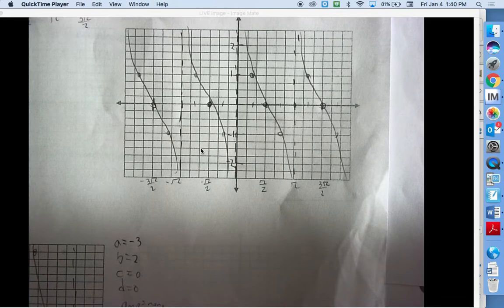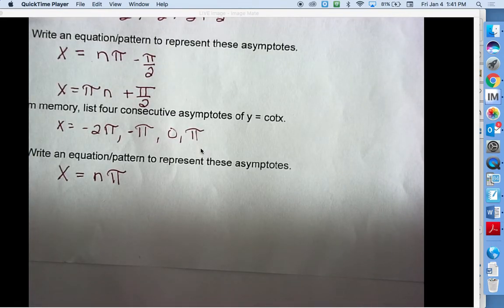So when we find a phase shift for cotangent, we look at where the asymptote has moved from x equals 0. Tangent is increasing and we focus on the x-intercept. Cotangent is decreasing and we look at the asymptote for the phase shift. That helps us get a phase shift. So look at the first graph in your packet.